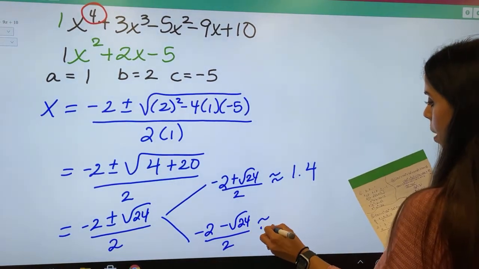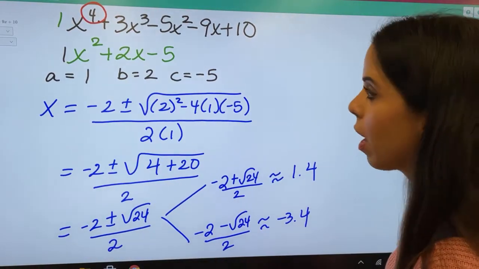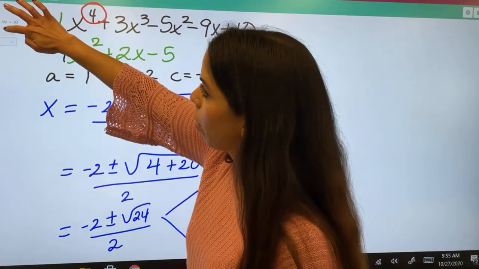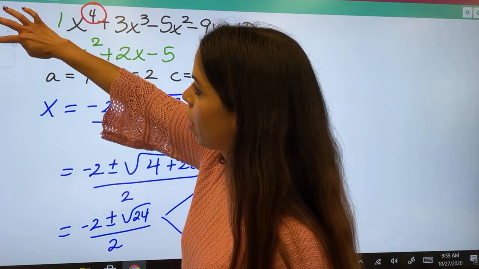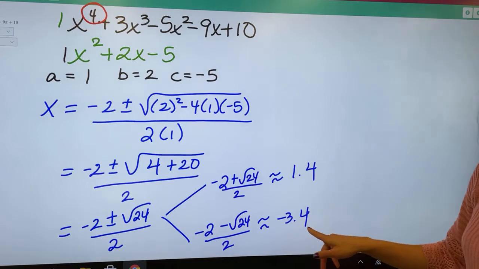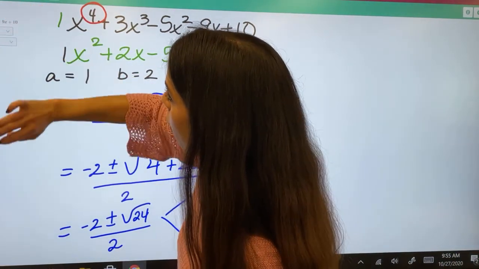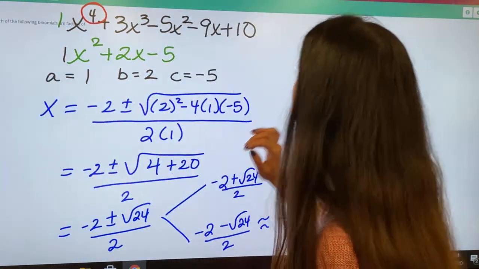You're going to get this to be approximately -3.4. So 1.4 and -3.4. So if I go to my menu, there is 1.4 was positive. The 3.4 is negative. So on the next drop-down menu, there's the -3.4, and we're good. Hit next.